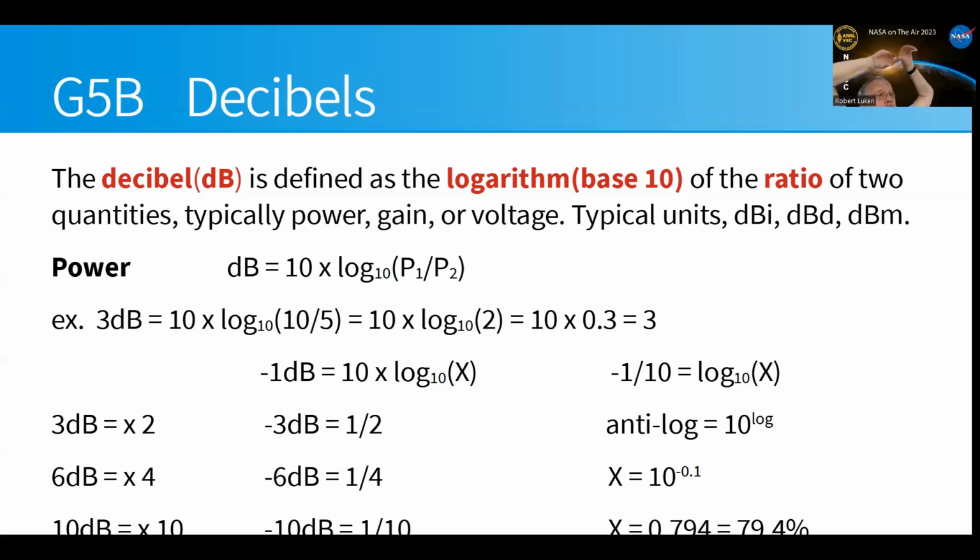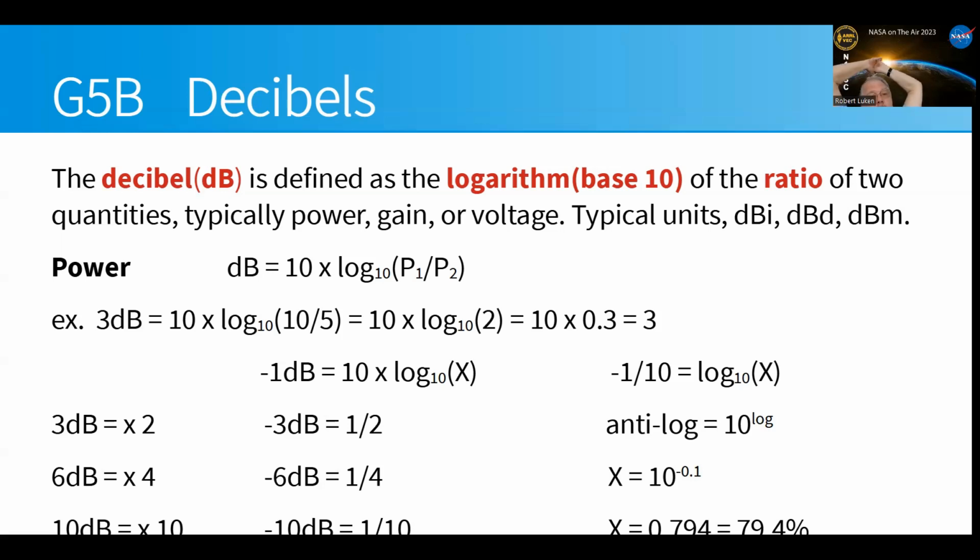Because if you remember, when we take the power formula and rearrange it to get voltage or current with resistance, they're square functions, which is why it turns out to be 20 times if you're talking voltage or current. It's only 10 times the log when it's power.